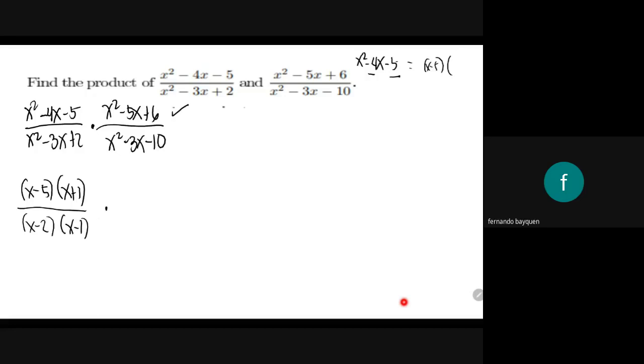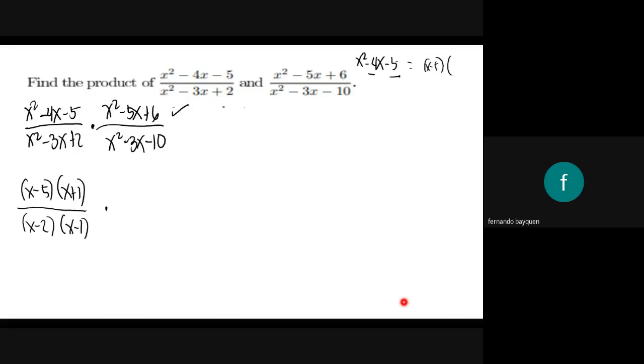What about this? Factors of x squared minus 5x plus 6. Isip kayo ng factors ng 6. Pag pinag-multiply ko yung dalawang number, ang product ay 6. Pero kapag pinag-add ko siya, ang sum naman ay negative 5. Villarin.